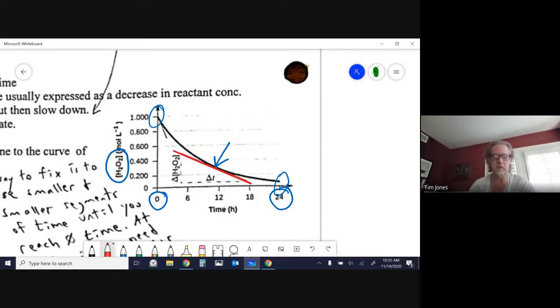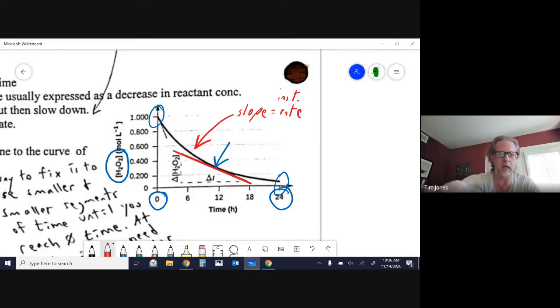We could then find the slope of that line. And that slope would be the rate, or more importantly, it would be the instantaneous rate at that moment. But notice that rate, that's not the correct rate at the beginning. It's not the correct rate at the end. It's probably not the correct rate at any other time other than that moment.